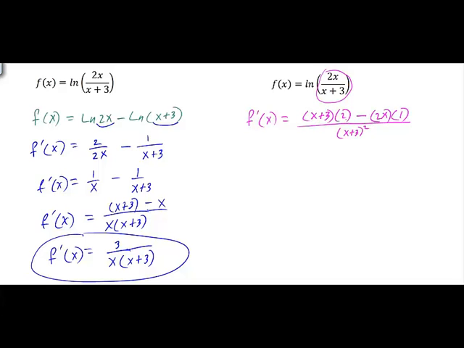So there's the derivative. All of this is du. But now for the derivative of the logarithm, remember this natural log, all of this is still divided by u. Well, our u is the 2x over x plus 3.